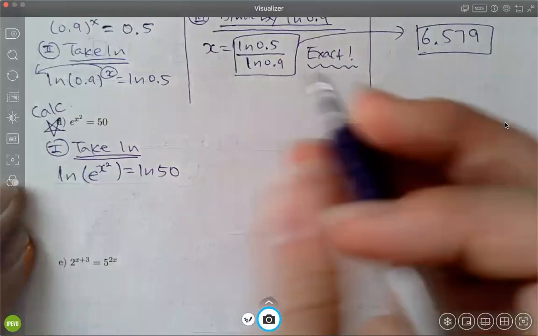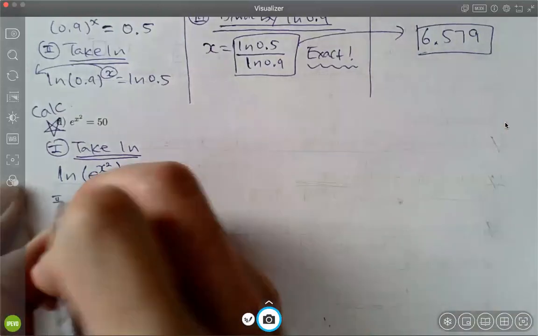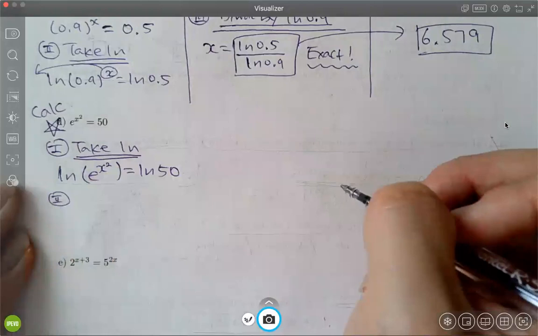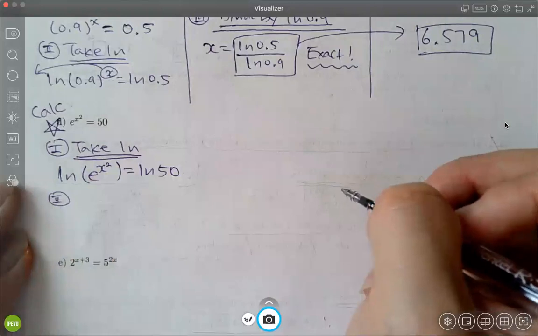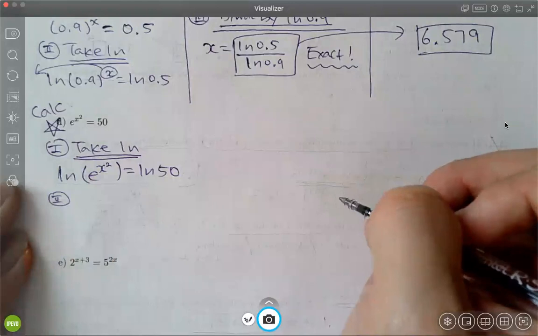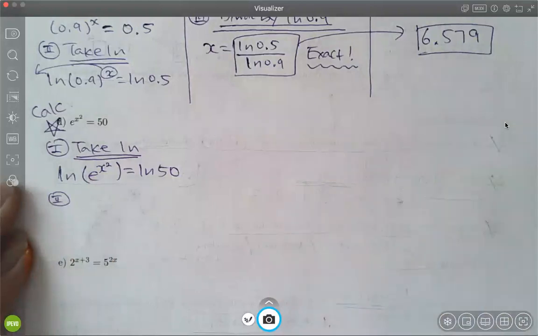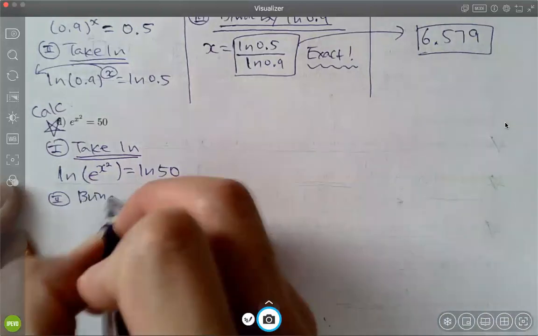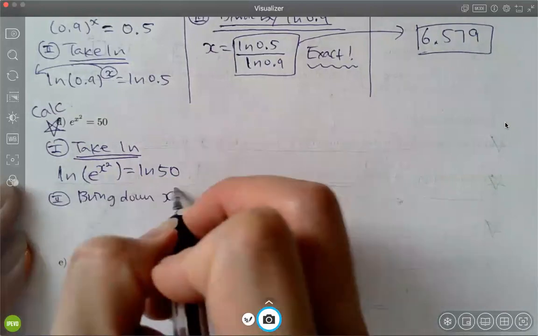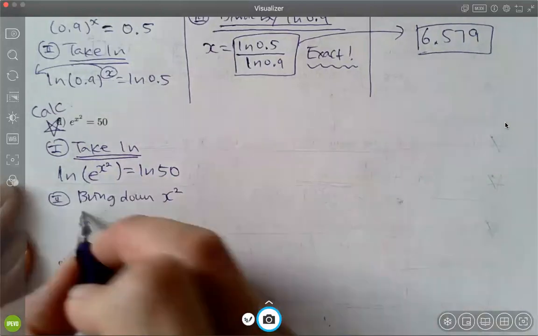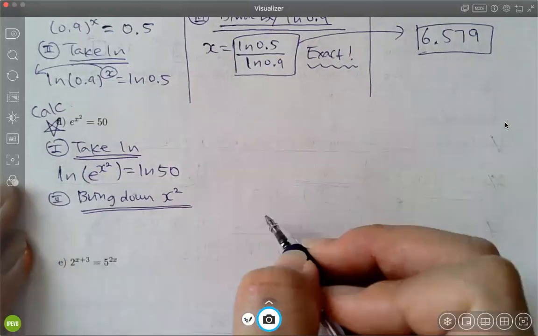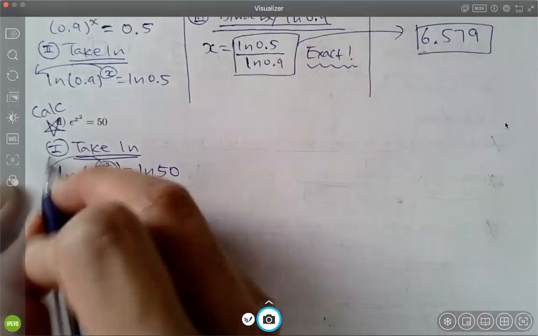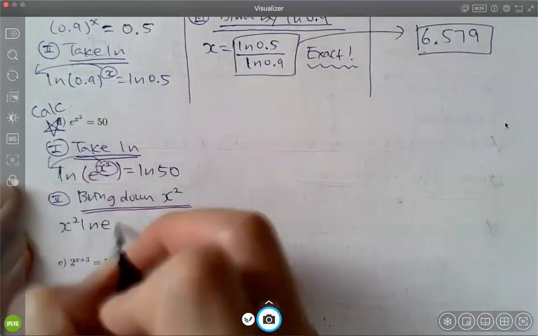Okay, and then you bring down the exponent, right? Now here, does that mean you only bring down the 2? No, you bring down what? X squared, right? Okay, bring down x squared. Not just 2, right? So you get what? X squared ln e is equal to ln 50.